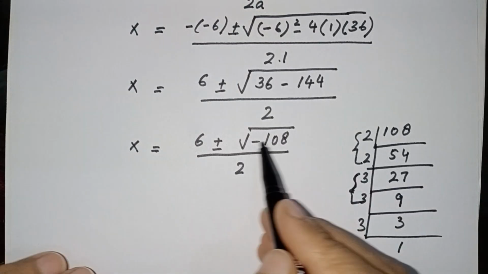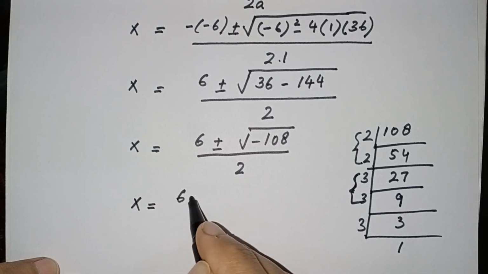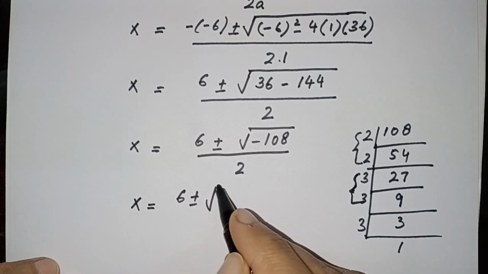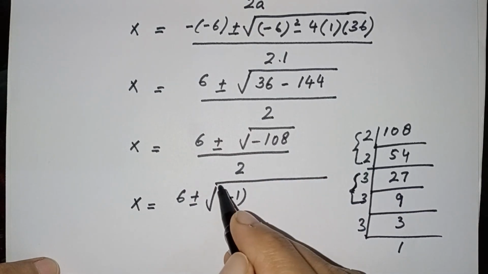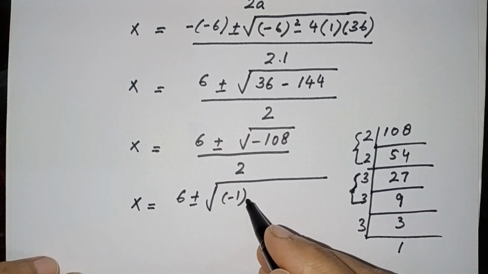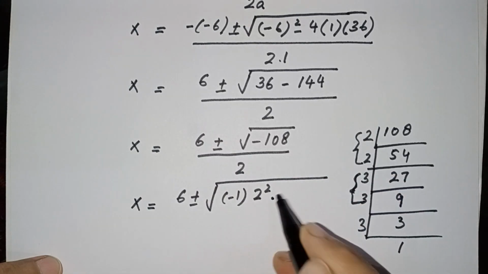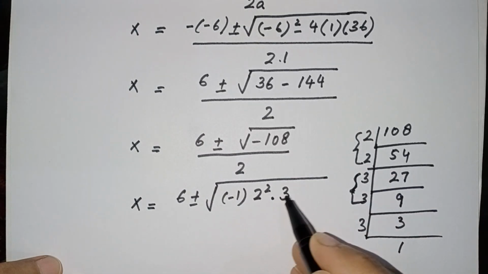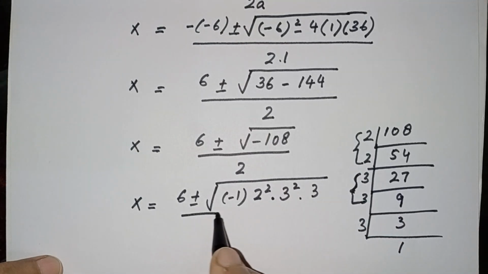So now in the next step, x is equal to 6 plus or minus. We will separate minus 1 times 2 square, 3 square times 3, over 2.